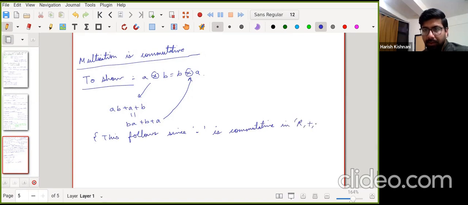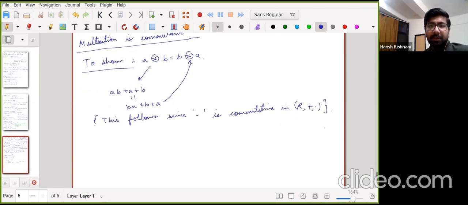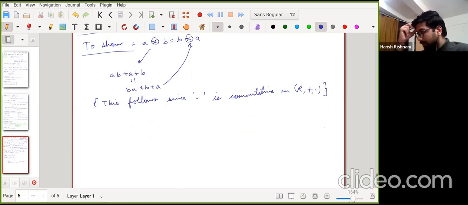So if you are not having a commutative ring, then this ring is also not commutative. But we are having a commutative ring, so multiplication is going to be commutative.